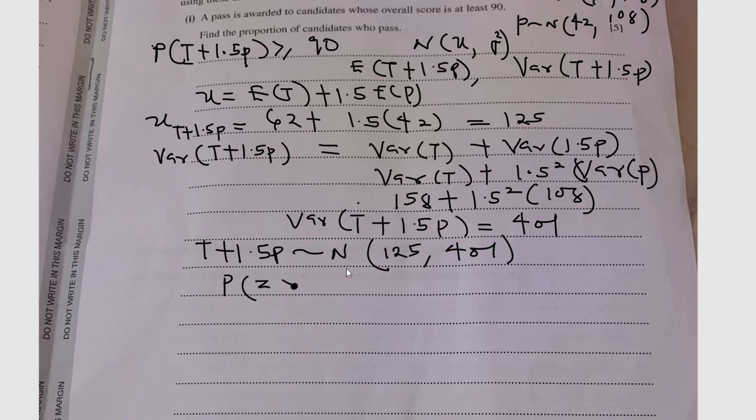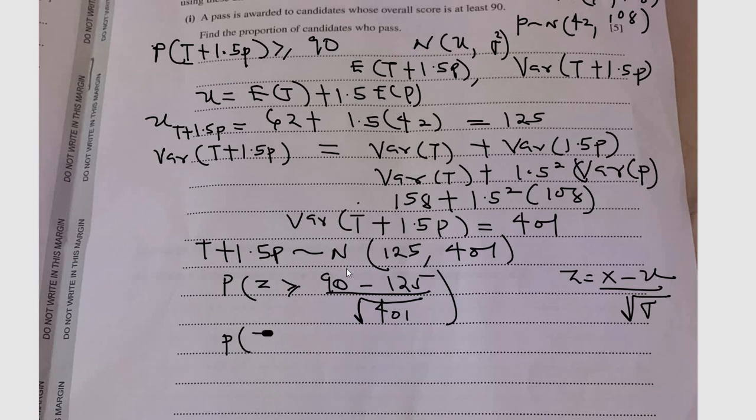So the probability of Z greater than or equal to (90 minus mean) all over the square root of the variance. I use this formula: Z equals (x minus mean) over the square root of the variance.